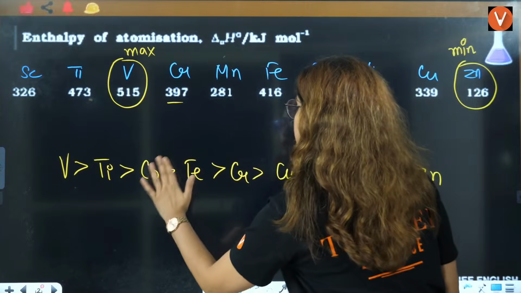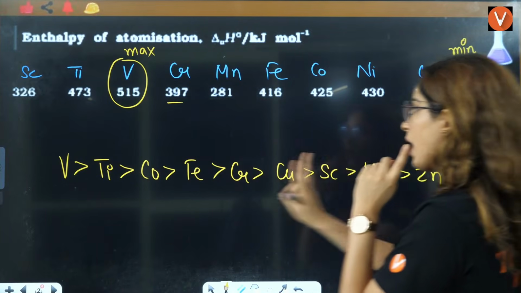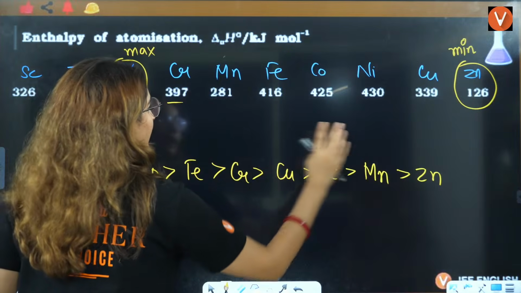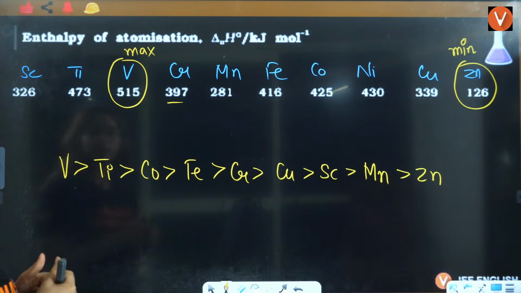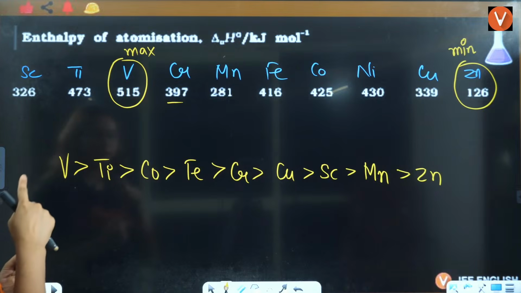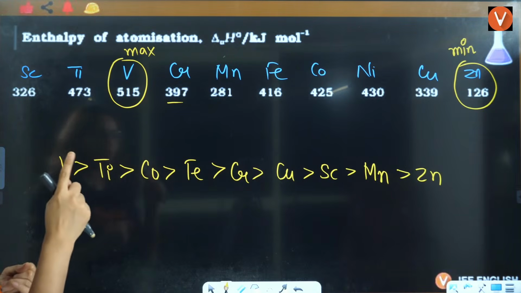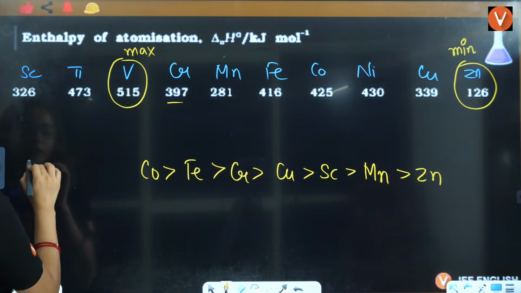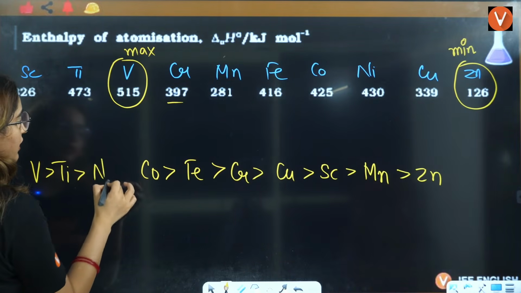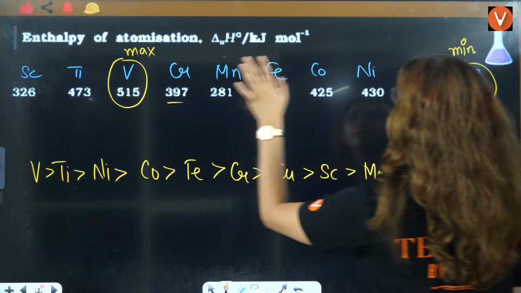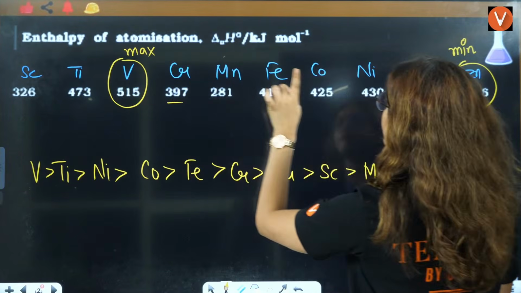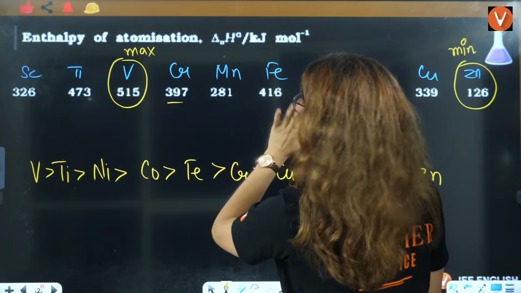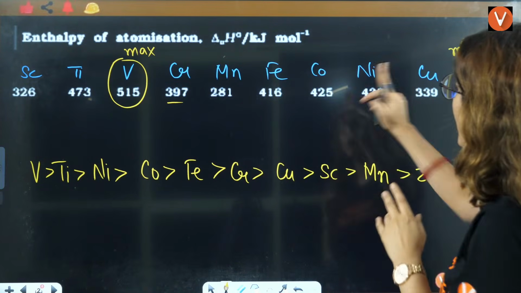Let me check the ones we have not written: scandium, titanium, vanadium, chromium, manganese, nickel. Where is nickel? Nickel is 430, so before cobalt there should be nickel. So vanadium, then titanium, then nickel, then cobalt, then iron.